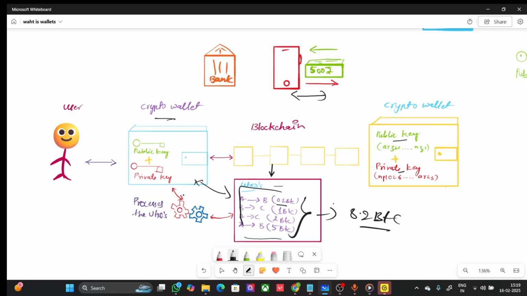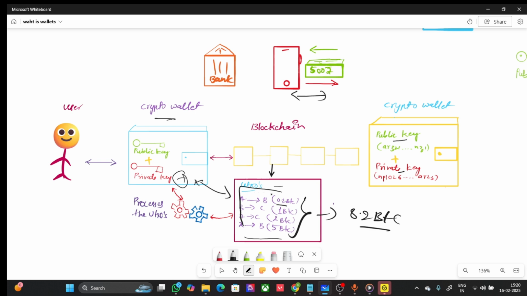You can make transactions using these UTXOs from your wallet, and that transaction is done by the private key, and receiving of the money is done by the public key. So the Bitcoin or any cryptocurrency is not exactly what is stored in your wallet.